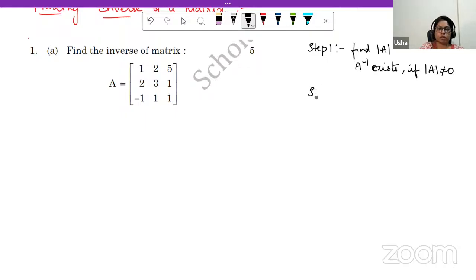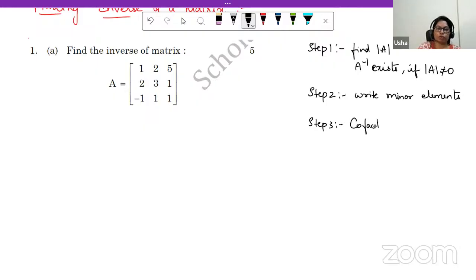Step 2 is to write the minor elements. To write the minor of each and every element, you need to leave its row and its column and write down the determinant of the remaining 2 cross 2 matrix. For all these 9 elements, you should write the minor. Then you write the cofactor matrix.